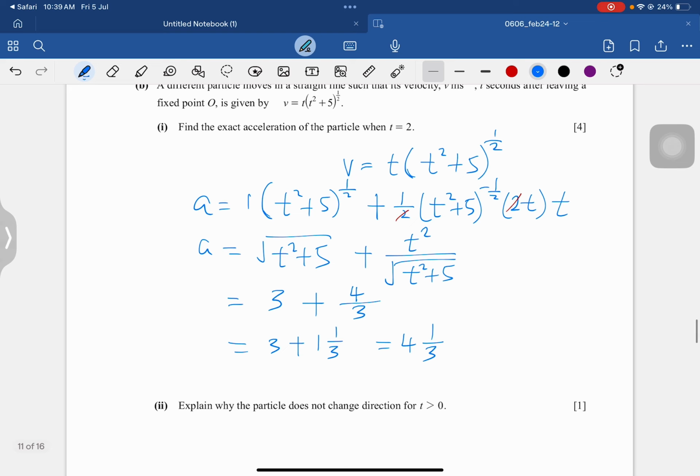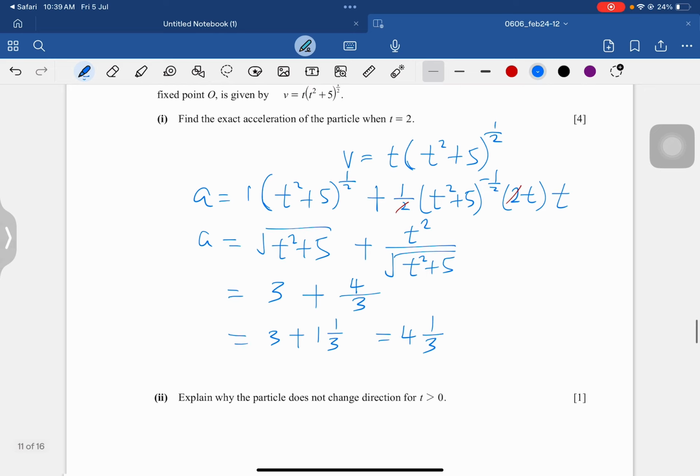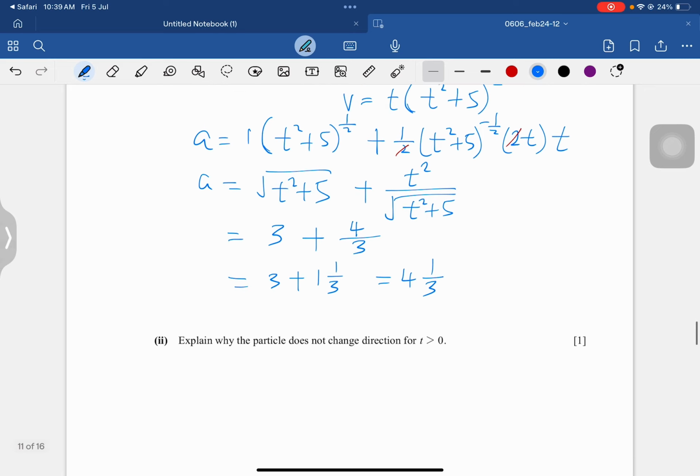Explain why the particle does not change direction for t more than 0. V equals to t squared plus 5 and square roots.